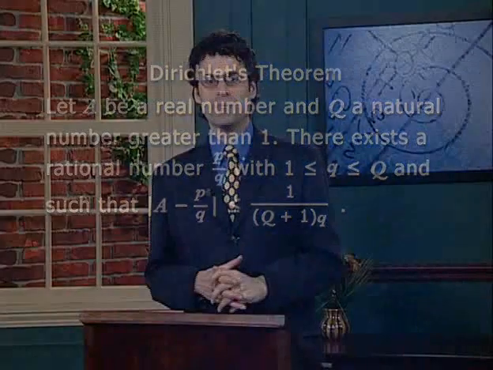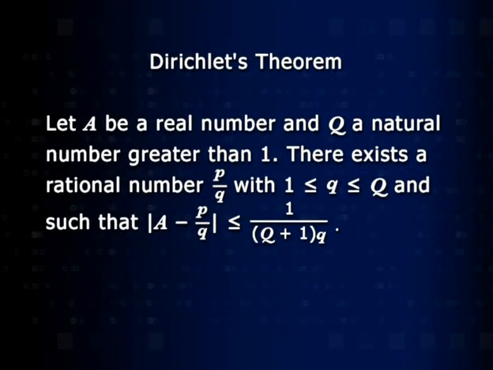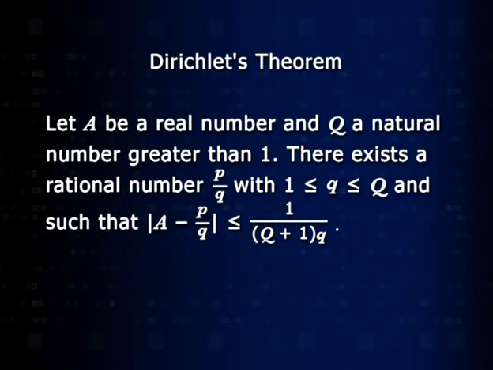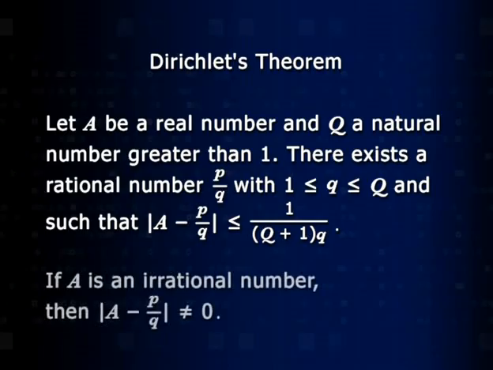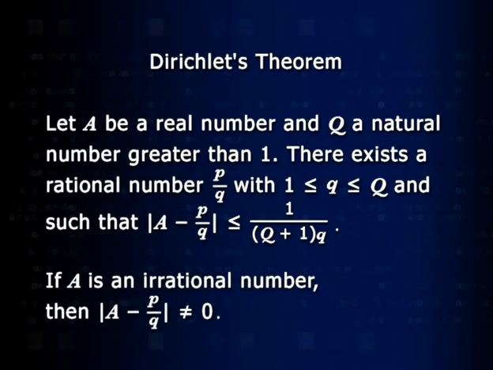Well, let's now further assume that the number a is an irrational number. Well, in this case, we know that for every fraction we find, p over q, the distance from a to p over q will never equal 0, right?